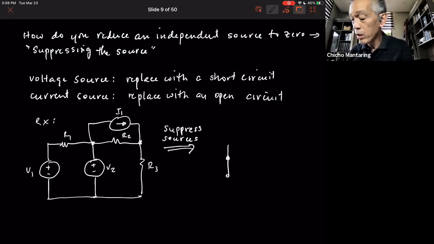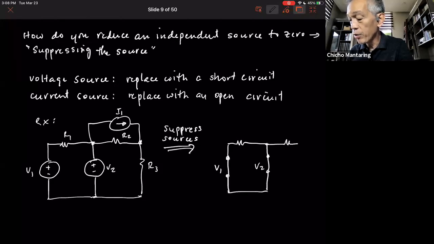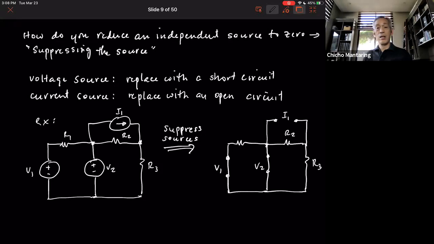Yung V1 ko becomes a short circuit, so I have R1. Yung V2 ko becomes a short circuit, then I have R2, then I have R3, and then yung I1 ko becomes an open circuit. So this is I1. So this is now my circuit with the sources suppressed. So again, if it's a voltage source, you replace with a short circuit. If it's a current source, you replace with an open circuit. That's how you suppress your sources.